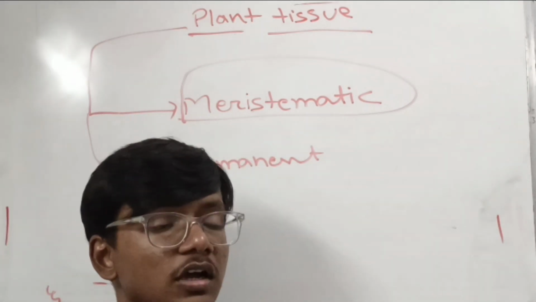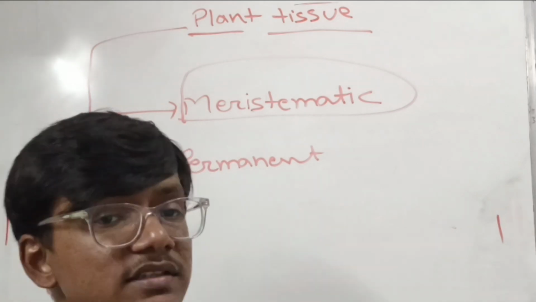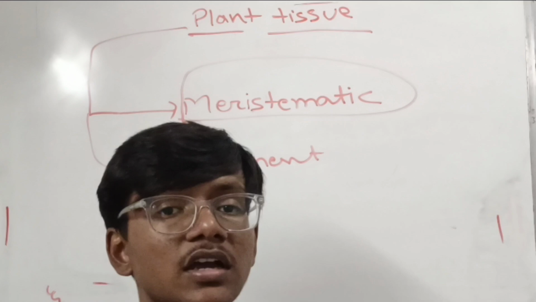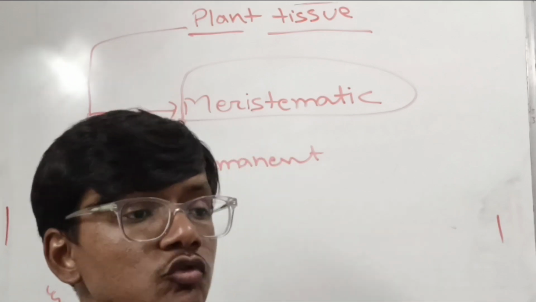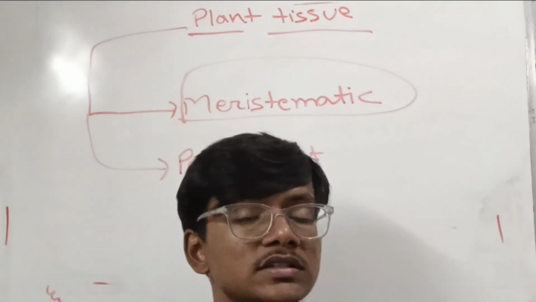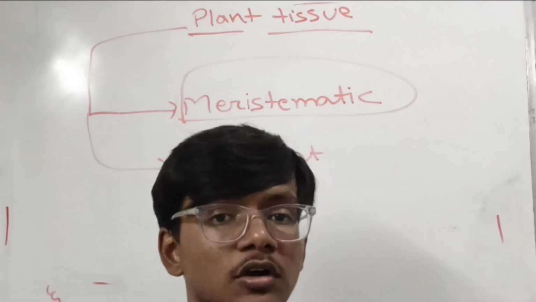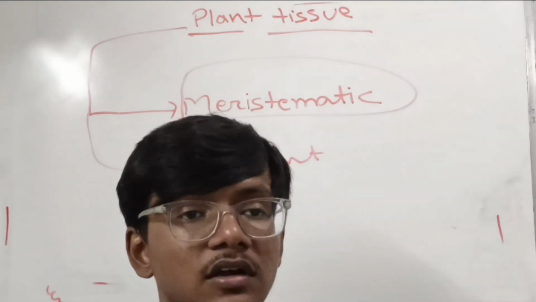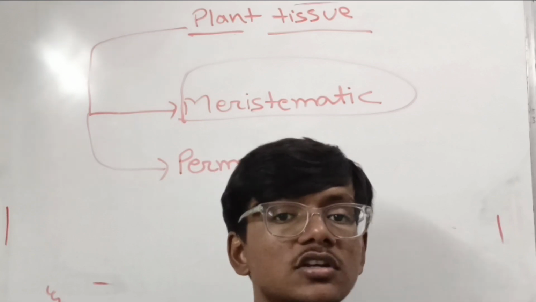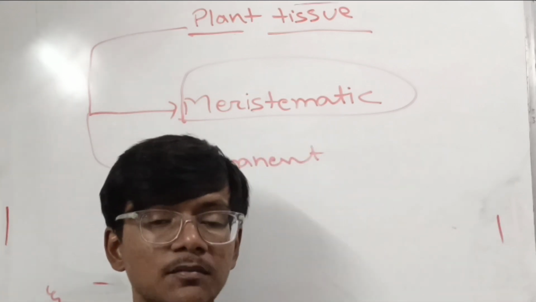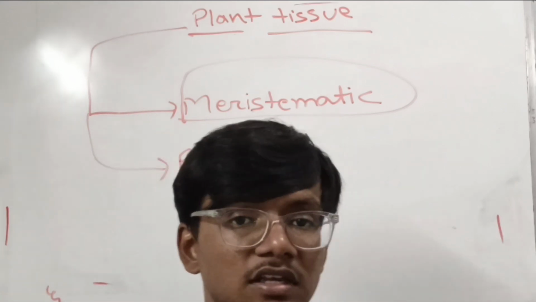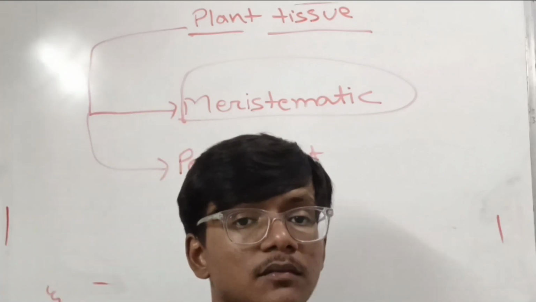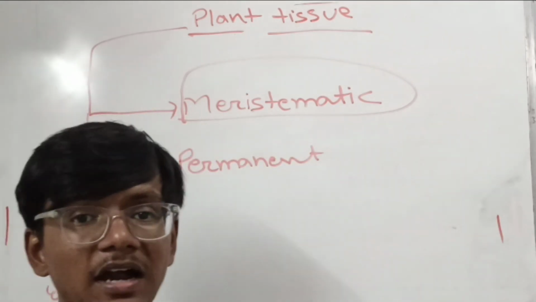So what is the reason for that? Meristematic tissue has the capacity to divide. Like in human beings, humans grow from small to big. How do they grow? The cells divide themselves inside the body, and because of that the size grows. The same process we can see in plants also. Meristematic tissue helps in the growing of plants.